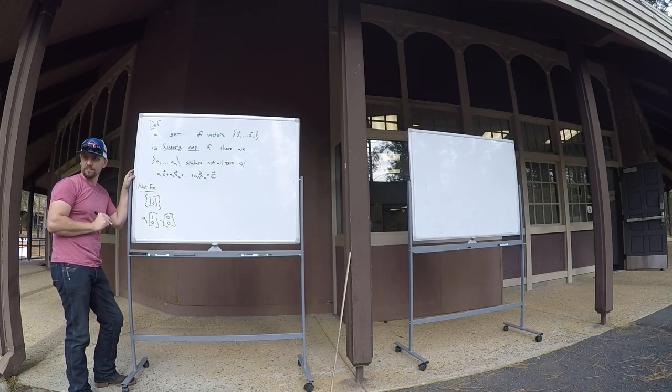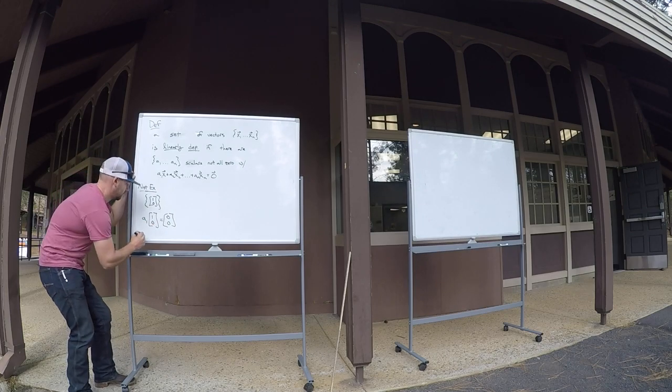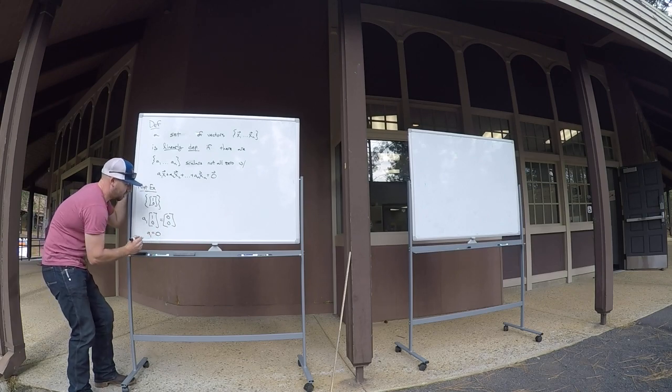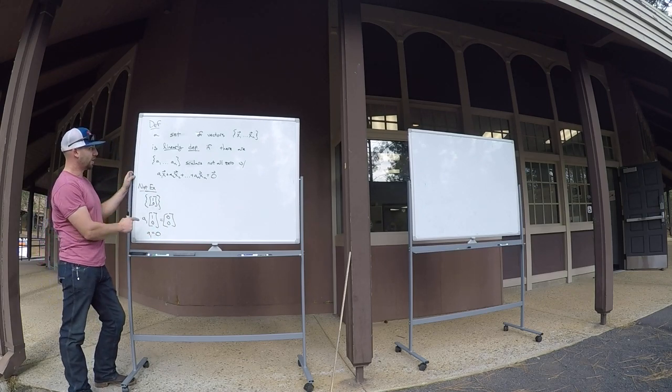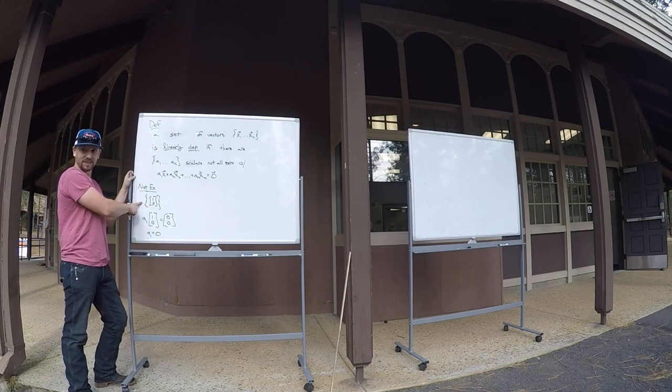Is everyone with me on that? So if this statement is true, what do you know about a1? It has to be 0. Perfect. a1 must be 0. Therefore, not all of the a's are non-zero; all of the a's are 0. There's not a collection where not all of them are 0. So this set is linearly independent.